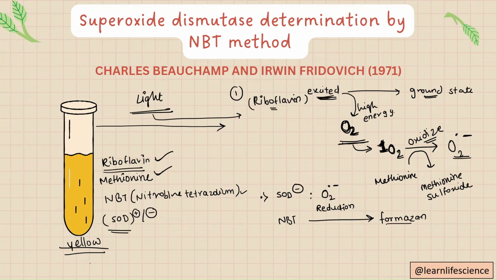It is basically the reduced form of NBT, meaning NBT is going to accept an electron from this superoxide radical and get reduced to formazan. Initially the solution which was yellow will now be converted into a blue precipitate.